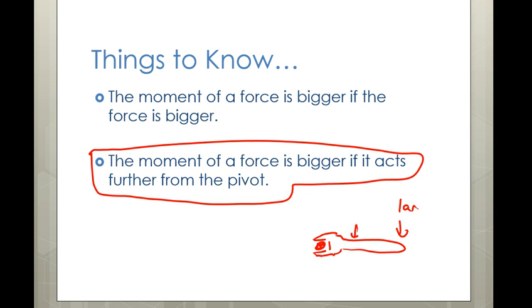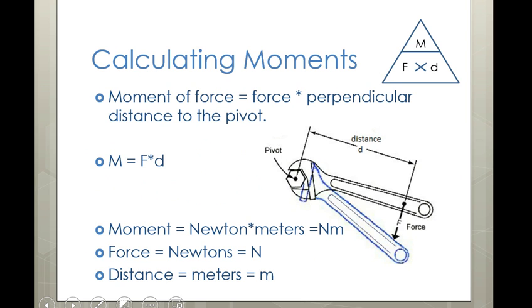So this is going to get me a larger torque value, and this is going to get me a smaller torque value. So the moment of force is bigger if it acts further away from the pivot. If this is my pivot, I could measure this being distance 1, or I could measure this being distance 2, and the farther away I am, distance 2, the larger my torque is going to wind up being.